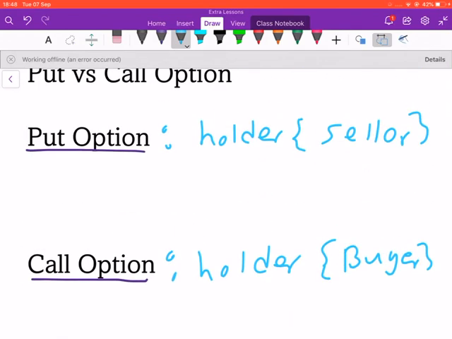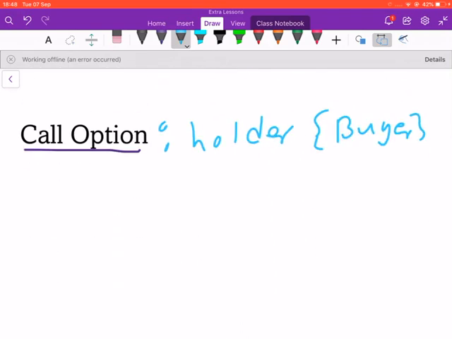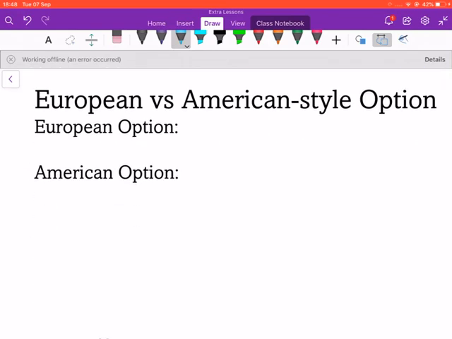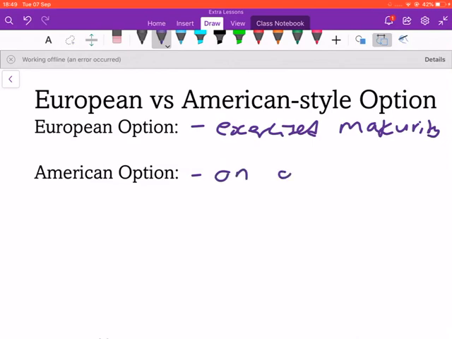So before we discuss a little bit more about the payoffs of a put option and a call option, let's discuss something else. It's called a European style and an American style option. A European style option can be exercised only at maturity. And an American style option can be exercised on or before maturity.